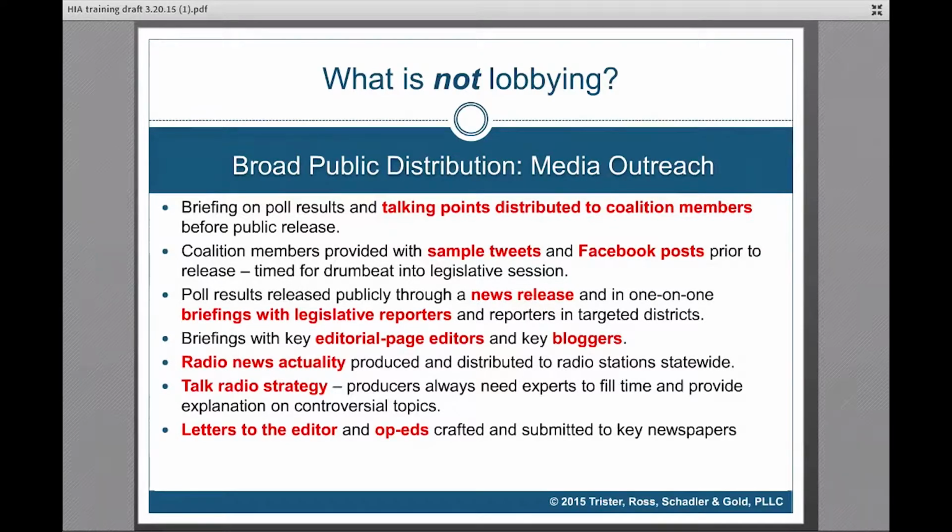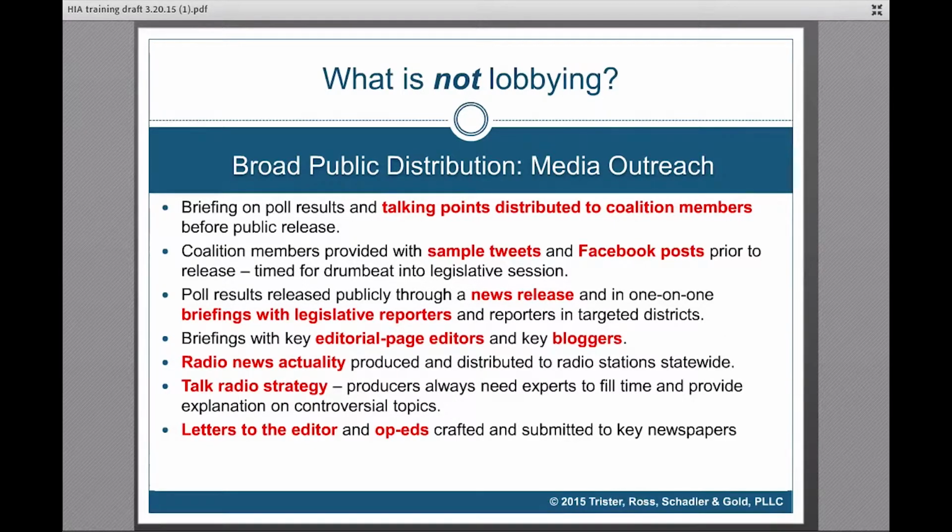You can't leave out data that doesn't support the side that you are going to land on. And we can talk about this exception a little bit more as we get into the Q&A section of our discussion.